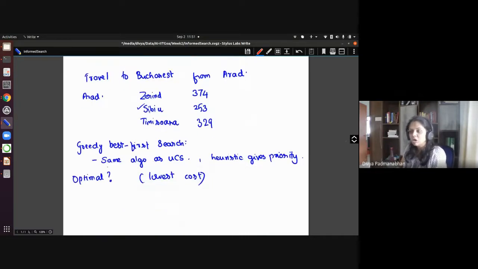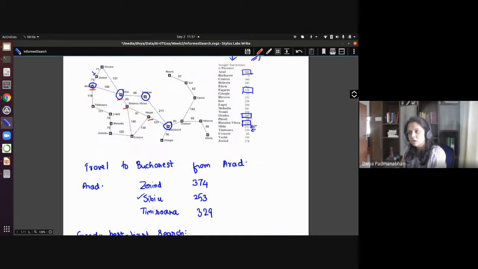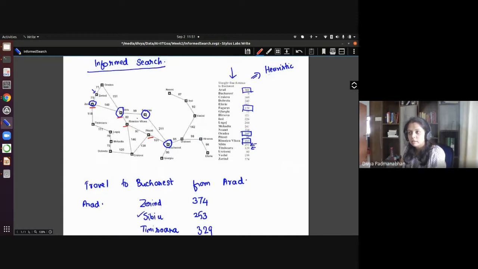So you're not guaranteed, right? This is not guaranteed to be optimal. So what was going on here? You came to Sibiu. That was a right decision. From greedy, what you did is you came to Sibiu, and after this, because the heuristic told you that Fagaras is closer.